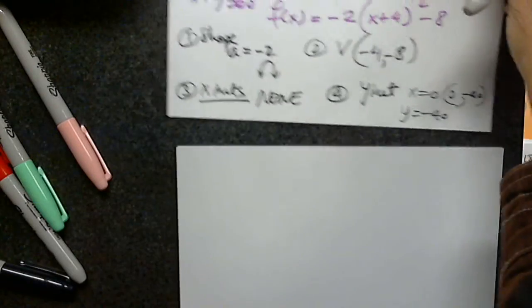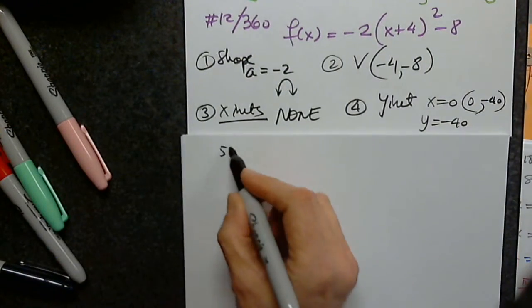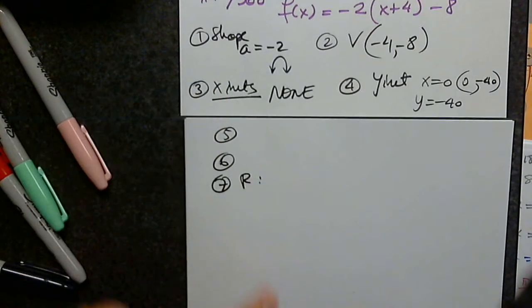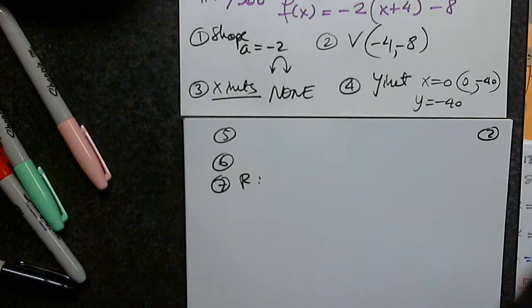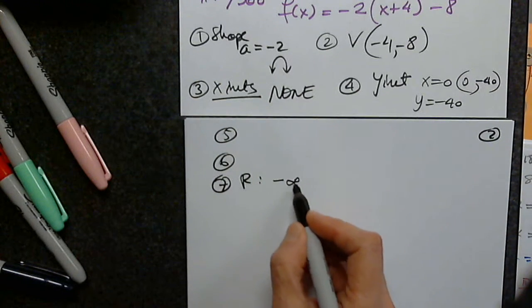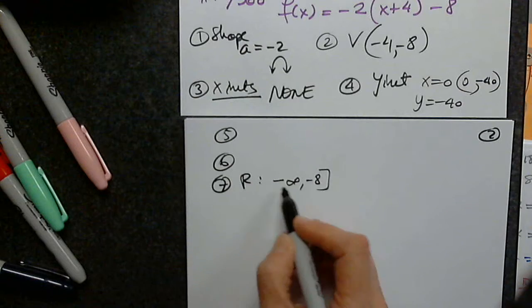As you know, the other two and the last one you already gave me. So 5, 6, and 7. The range, you already gave it to me because you learned transformations. So the range one more time. Negative infinity to negative 8.